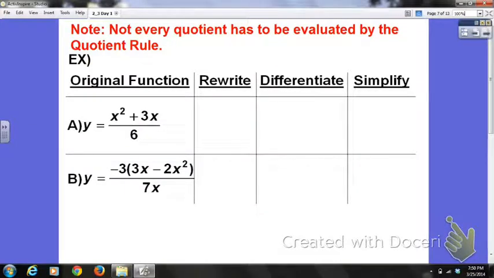As we saw with products, not every product requires the use of the product rule. Same holds true for the quotient rule. Not every quotient has to be evaluated by the quotient rule. Looking at our first function, y equals x squared plus 3x over 6, we can rewrite that by putting the 6 in the denominator with each piece of our numerator. So we could rewrite that as y equals 1/6 x squared plus 3/6 x, which would be 1/2 x.